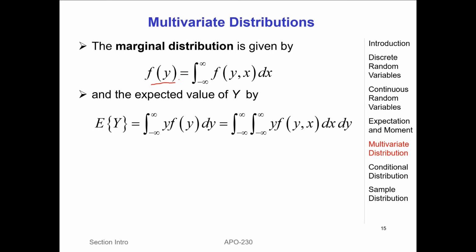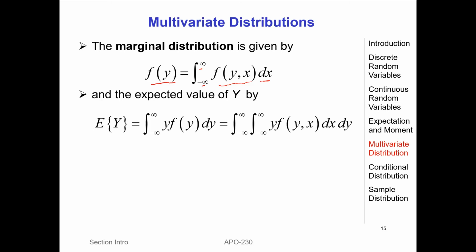We'll see clearer later. For now, the marginal distribution, the density of y, is given by taking the integral of the joint density function over a range of x. So this minus infinity to plus infinity is actually the distributed range of x, not y.